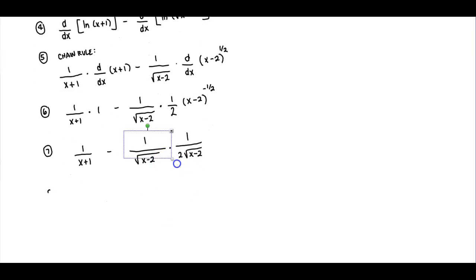Now let's multiply that together. So we have 1 over (x + 1) minus 1 in our numerator, and the square root of (x - 2) times the square root of (x - 2) is (x - 2), and then we multiply it by 2.